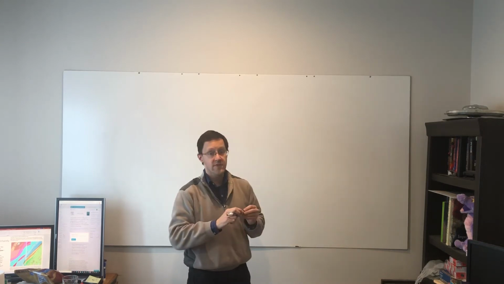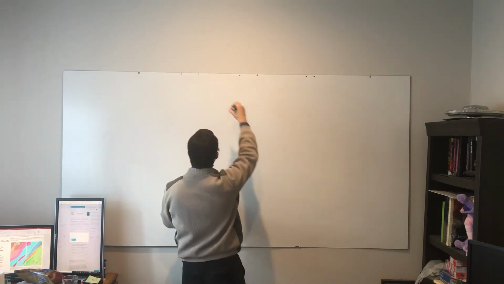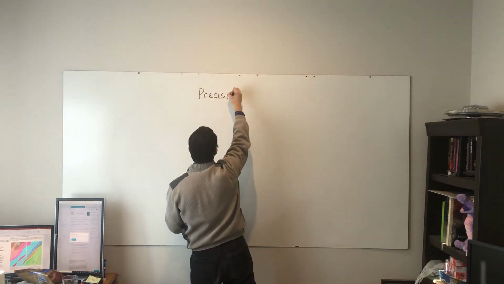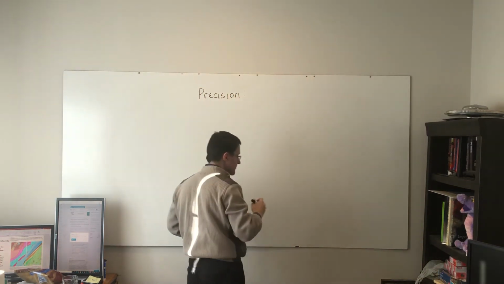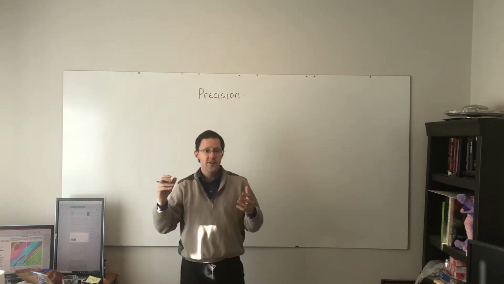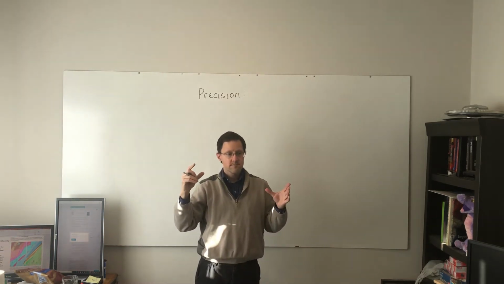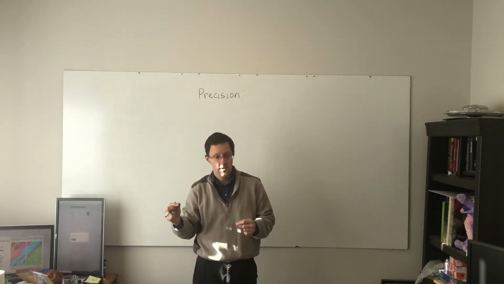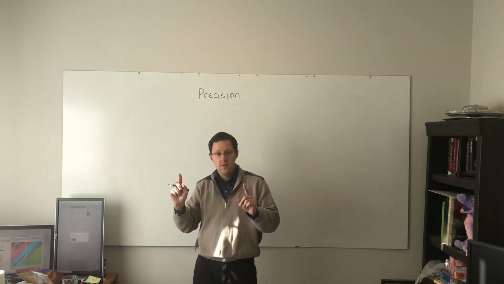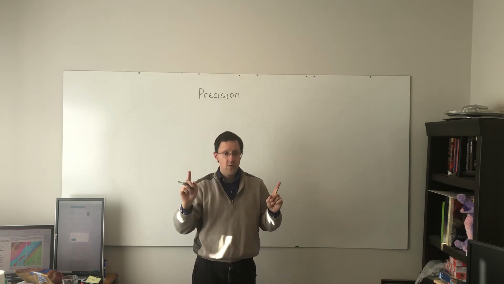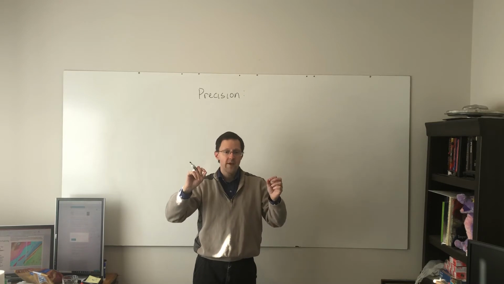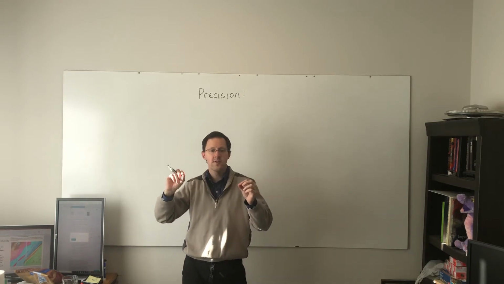is precision. Precision is, as the name suggests, how precise is your measurement. So if you think about, say, different ways people might measure the length of something.